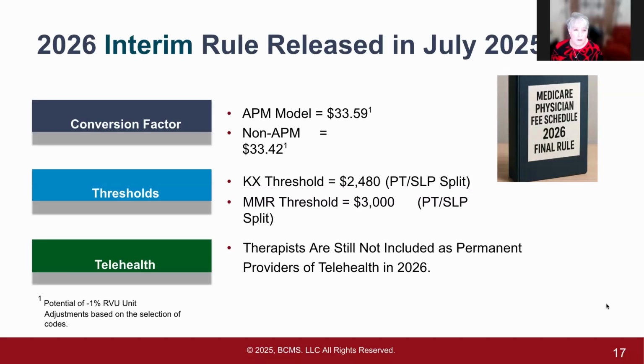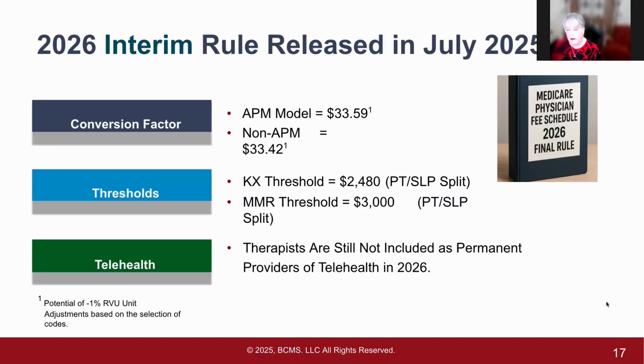It should have been PT, speech-language pathology, and OT each have $2,480. They missed the comma. And the same thing holds for the manual medical review threshold, $3,000 for PT and speech and language combined, and $3,000 for OT, just like the KX threshold has the entire amount.